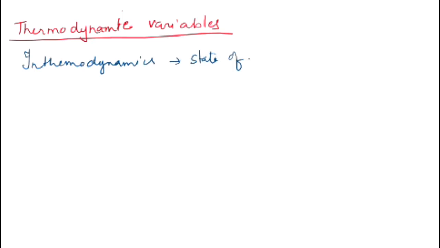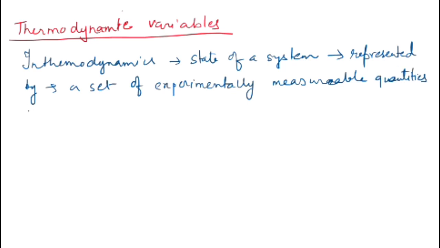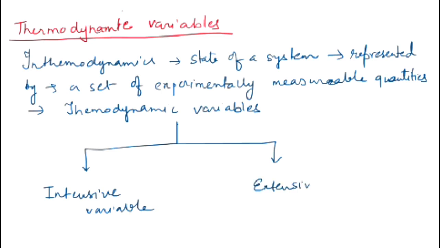This state is specified by a set of experimentally measurable quantities, and these quantities are called variables of the state, or simply thermodynamic variables. Thermodynamic variables are of two categories. One is the intensive variable, and the other is the extensive variable.